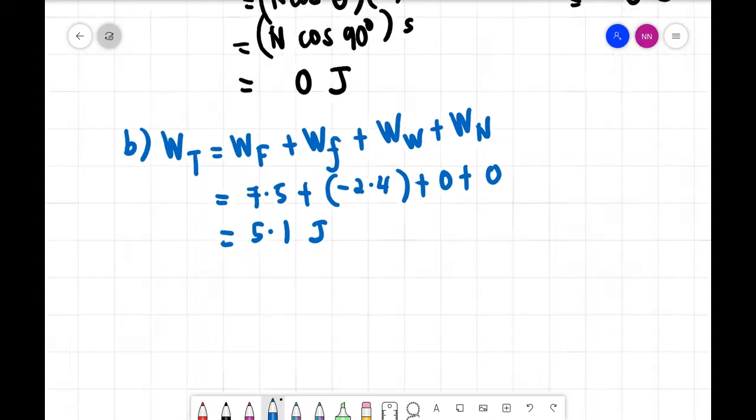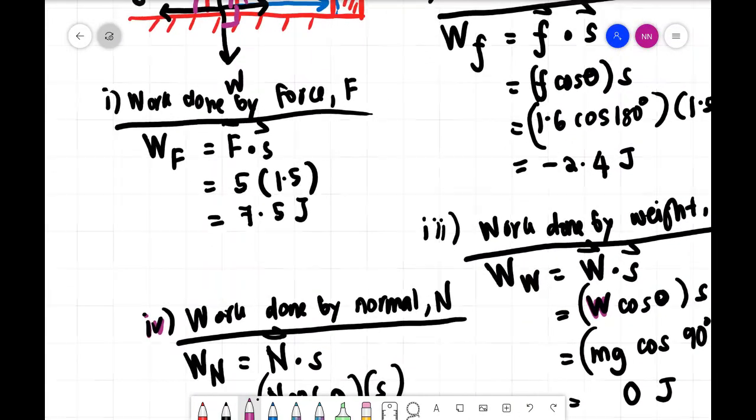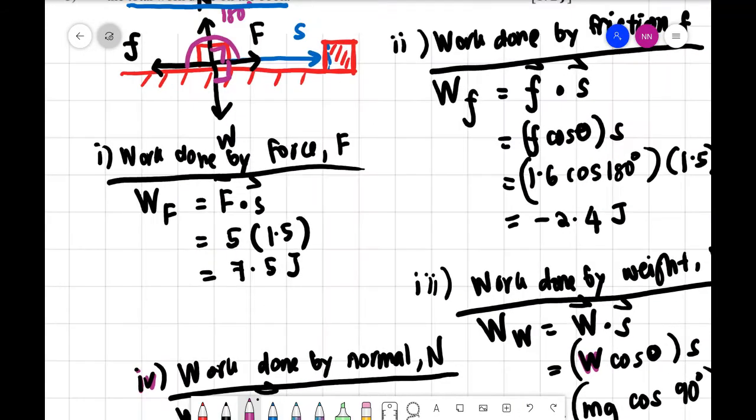The second method: we can determine the total work done from the total force, that means net force dot S. Work done total equals force total, or net force, dot S. We determine the net force from all the forces acting on the book.